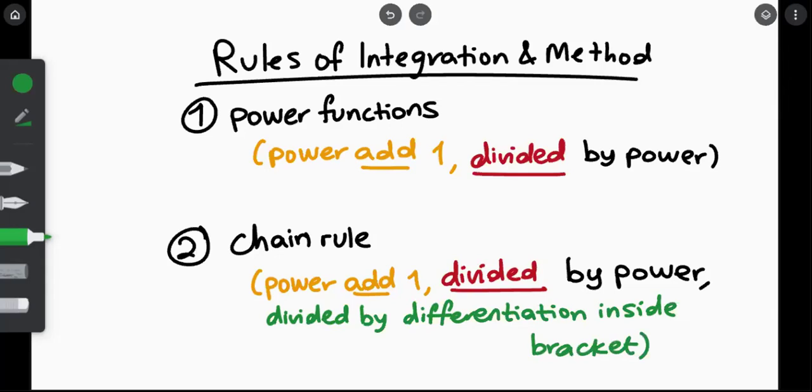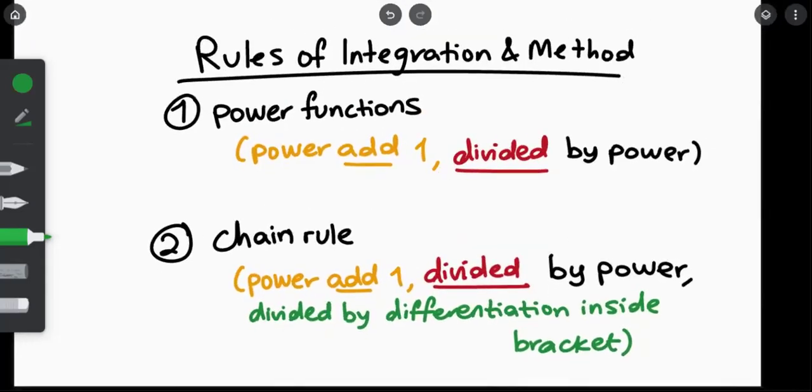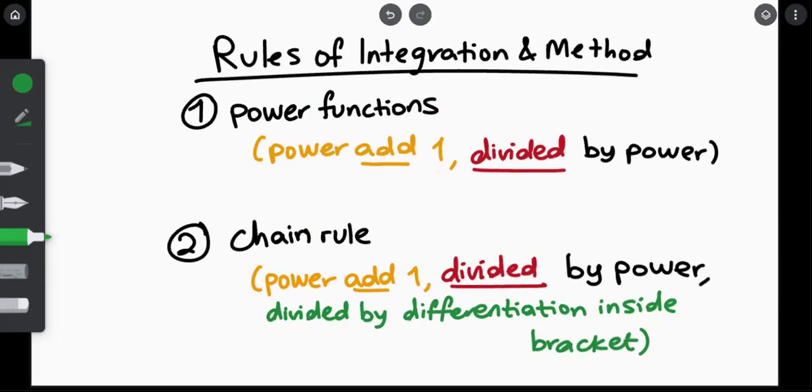Those who are smarter, you will know this, but let's go through this together in case some of you are unfamiliar with integration. So power function again is what? Power add 1 divided by the power. Chain rule: power add 1 divided by the power divided by the differentiation inside the bracket.